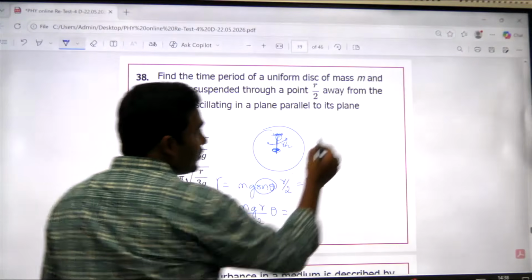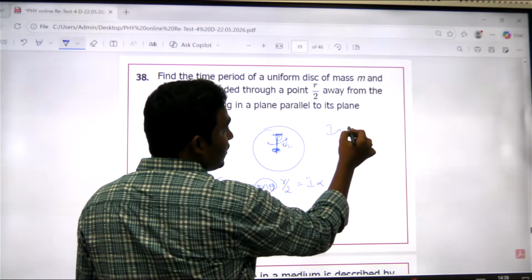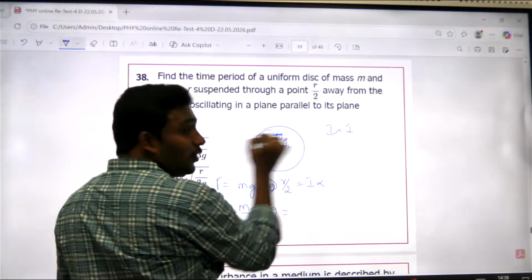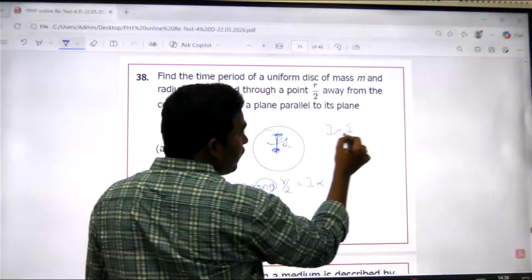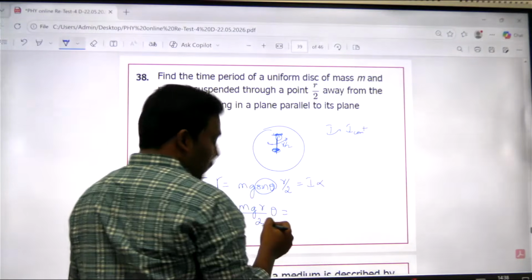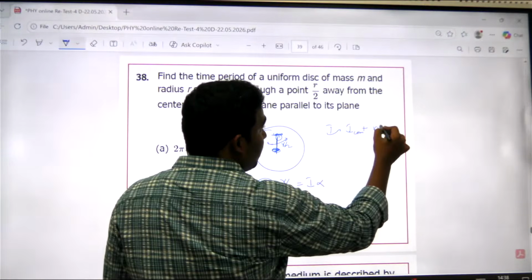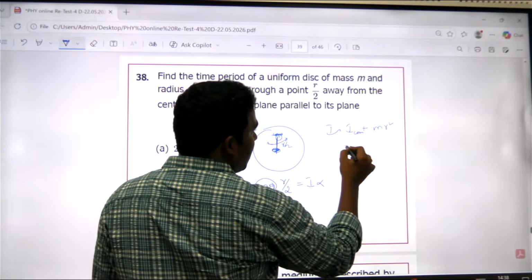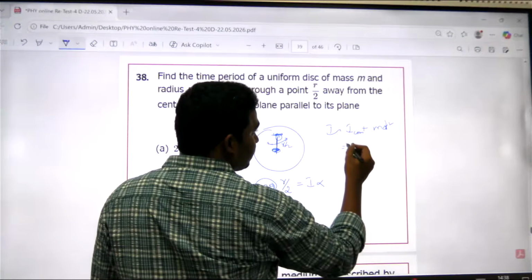What is the moment of inertia now? The moment of inertia with respect to the point of oscillation, we find using the parallel axis theorem: the moment of inertia about the center of mass plus m into distance square.